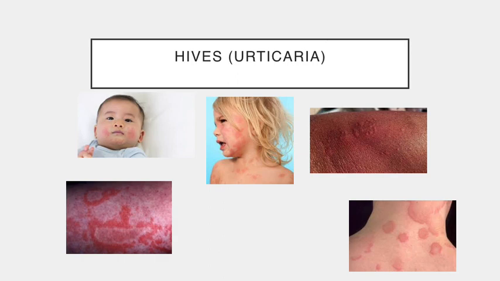But basically, hives, urticaria, is red, itchy, welt-like, and results from a skin reaction. It can be either to something ingested or that touches the skin. Again, those very atopic patients could wind up with hives, but it can also be an allergic reaction to something that is taken by mouth or ingested.